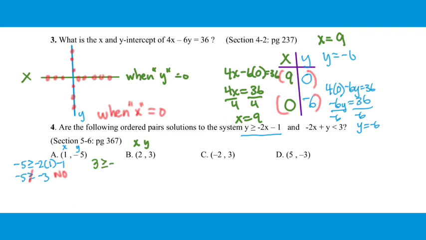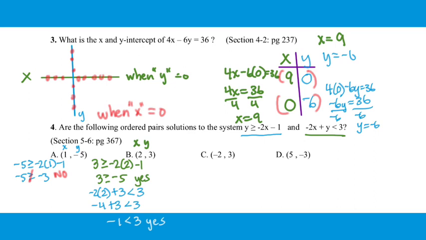So it's not a solution, because if it's not a solution for both, it's not a solution for either. On the next point, we substitute in for the first equation, and yes, 3 is greater than -5. So we substitute it into the next equation, and we find that 1 is less than 3. So that's also true. So we know that's going to be one of the solutions here.